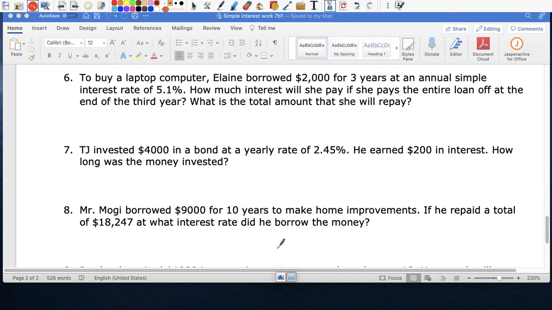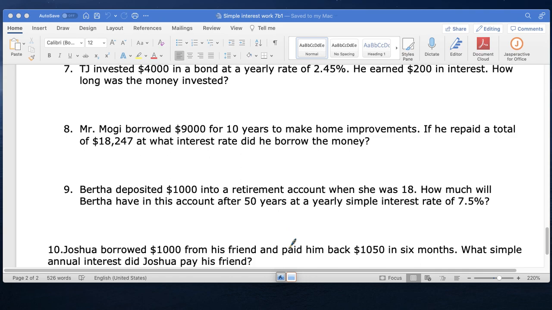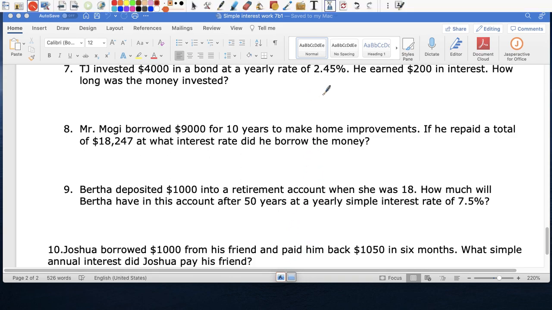Number 8. Mr. Mogi borrowed $9,000 for 10 years to make home improvements. He repaid a total of $18,247. Jeez, that's a lot. At what interest rate did he borrow the money? He repaid a total, okay, I see.